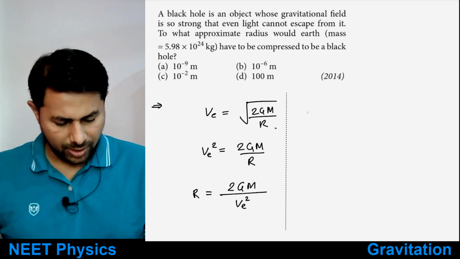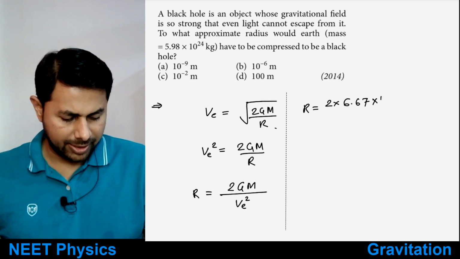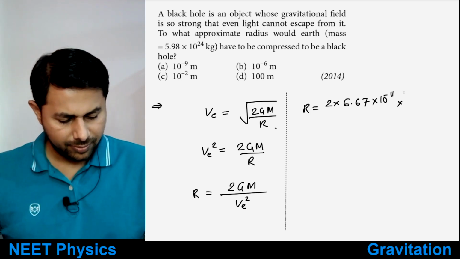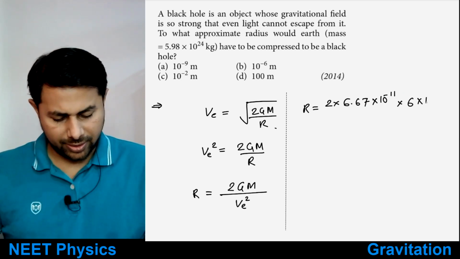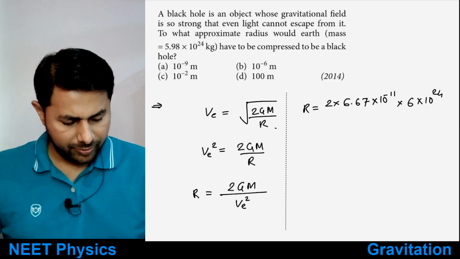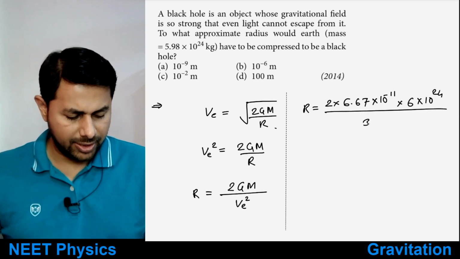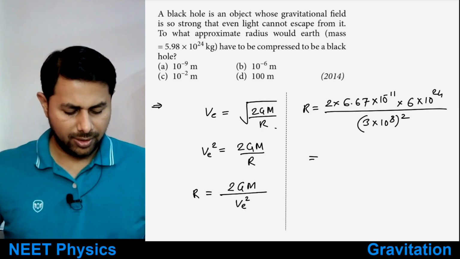So r is equal to 2 times 6.67 multiplied by 10 raised to minus 11, M is 6 into 10 raised to 24, and V square is 3 into 10 raised to 8, squared, right?